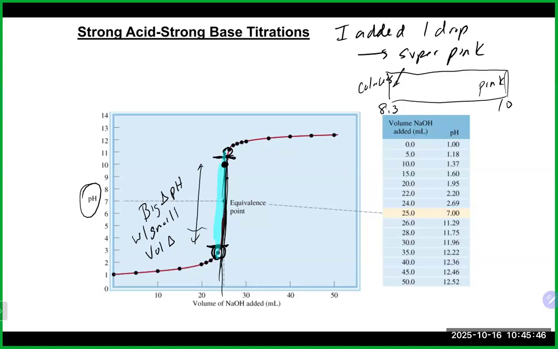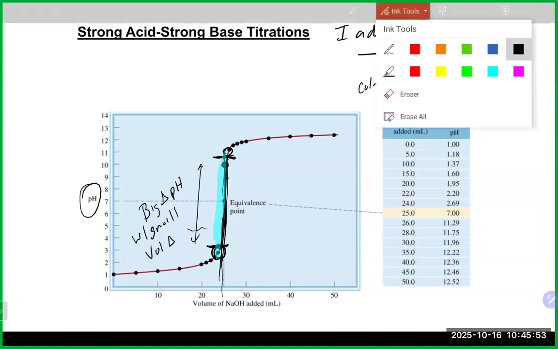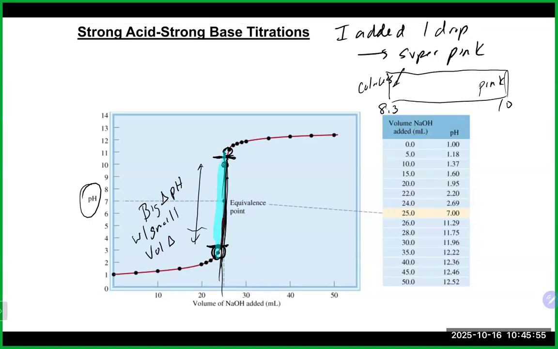Now, if I added one drop and ended up over here, where that dot is, or make a different color, I'll go with the red dot. So if I added one drop and I ended up over here, my pH is near 10, right? Which means my titration now looks super dark pink, right? But in reality, am I volume-wise all that different from where the actual equivalence point is?